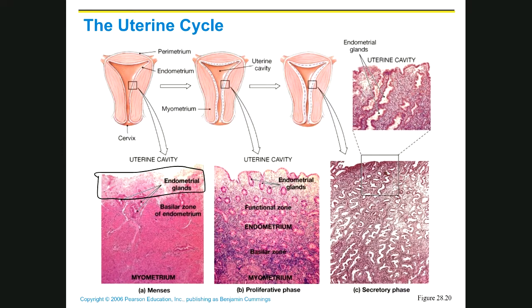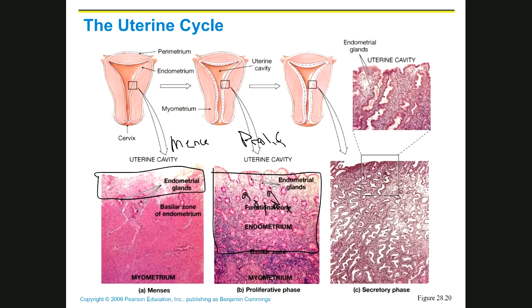But now, that's during menses. But now if you look at it in proliferation, look what's happened. It's grown like crazy. It's this much of it now. And look at these glands that are growing in here. Tons of little glands so that we can provide nutrients.